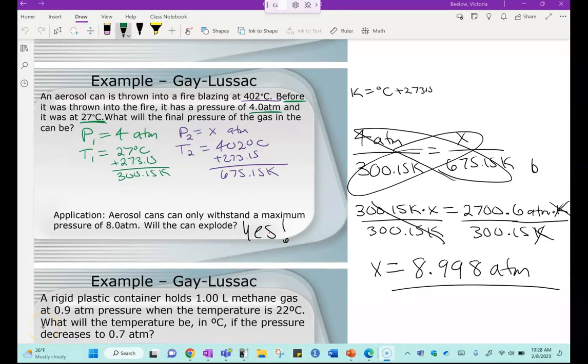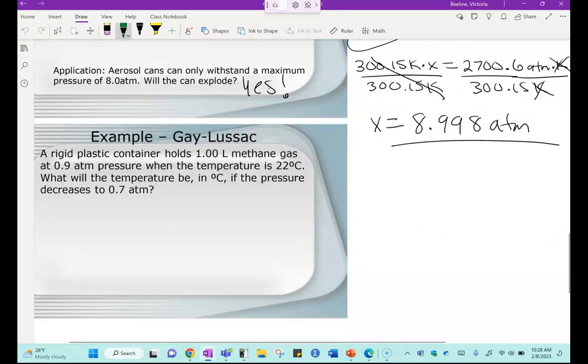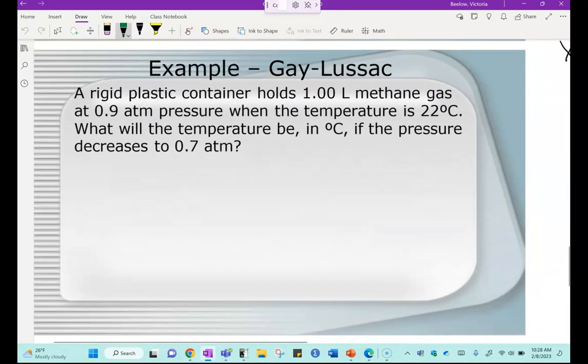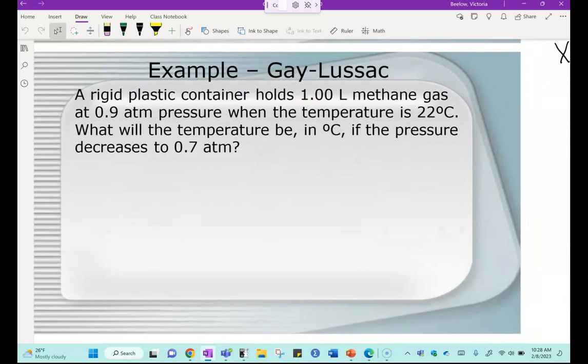All right, let's continue with another problem using Gay-Lussac's law. A rigid plastic container, so that means that the size of the container will not change. It has a fixed volume, so the volume will stay the same. It holds 1 liter of gas at a pressure of 0.9 atm, and the temperature is 22 degrees Celsius.